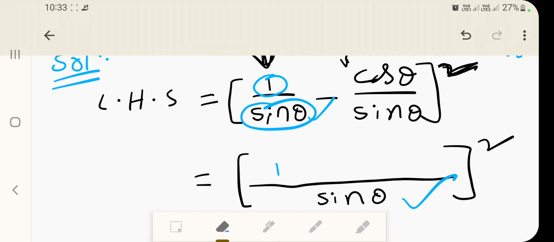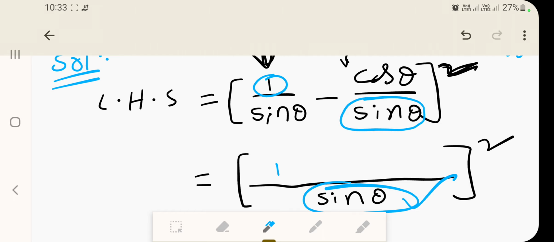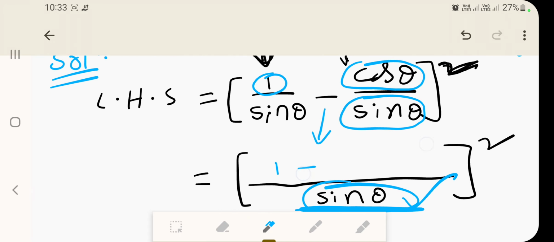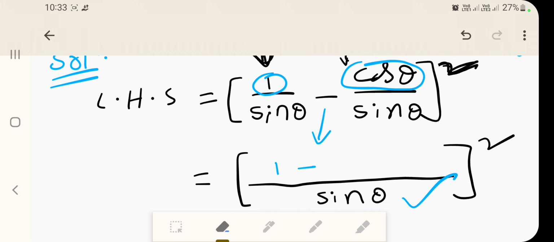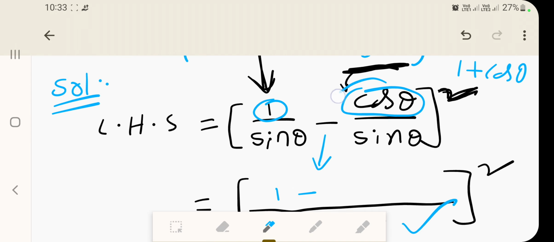So for the first term we get 1, and for the second term again this sin theta divided by this sin theta is 1, and 1 into cos theta is cos theta, and here we have minus, which we write as minus. And as I said, the sin theta in the denominator divided by the sin theta of the second term is 1, and that 1 into cos theta gives cos theta.